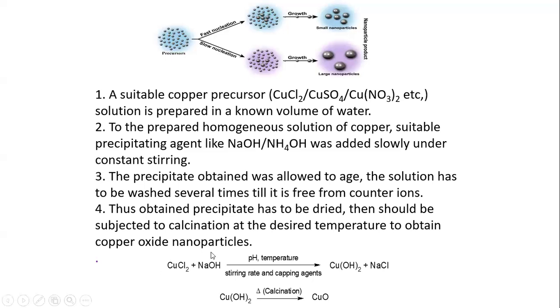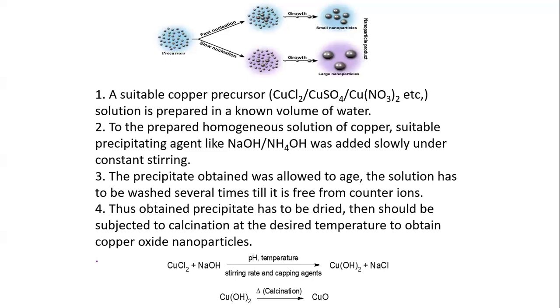So we can see the reactions here, what is happening when the precipitating agent is added to the precursor, that is copper chloride plus sodium hydroxide. By controlling the temperature, pH, stirring rate, and the capping agents, we get copper hydroxide plus sodium chloride.